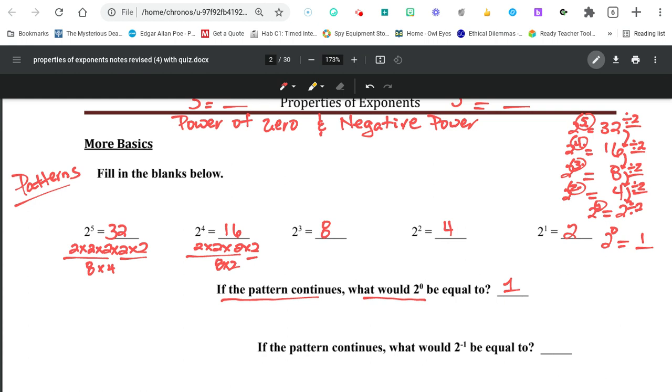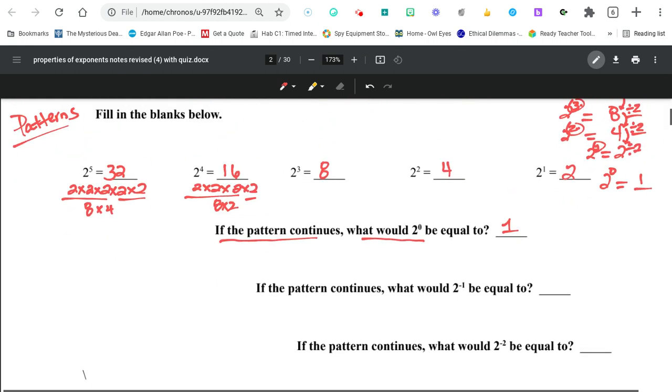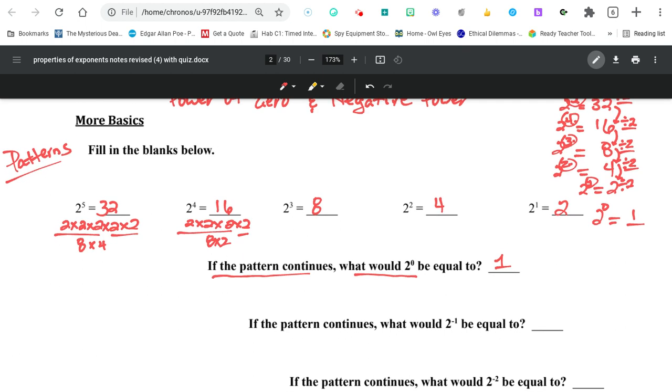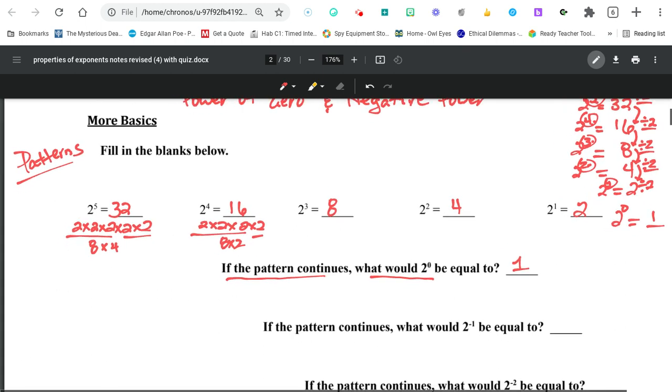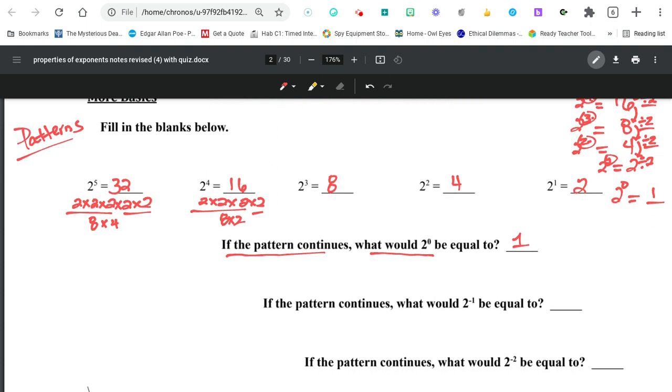Okay, now I want to take a look at some more patterns just with a different base and see if I work my way down from a higher exponent to an exponent of 0, will I still get a 1 with a different base? So take out a sheet of notebook paper and let's just try looking at some more with a different base, okay? Okay, let's try a base of 4.